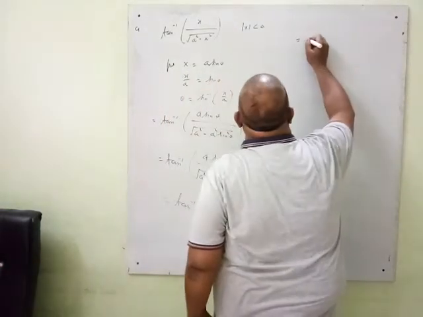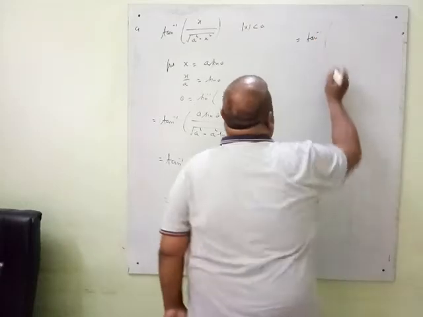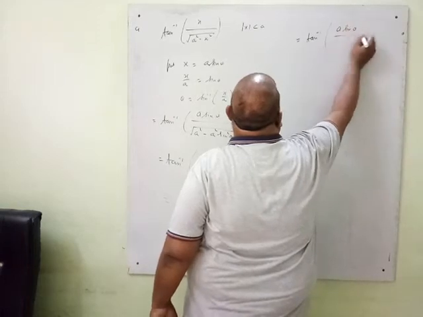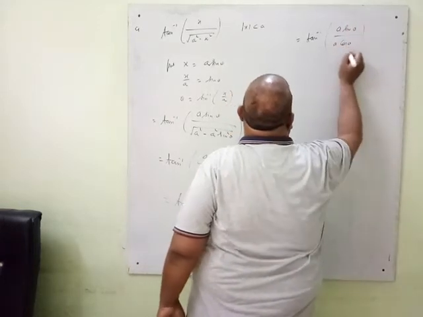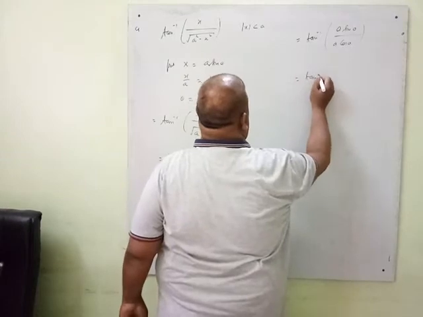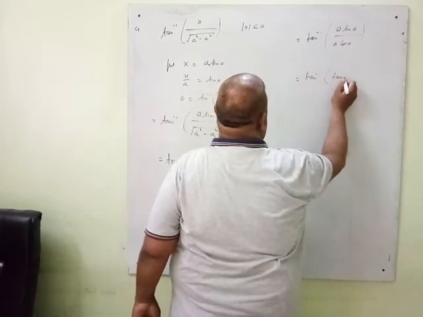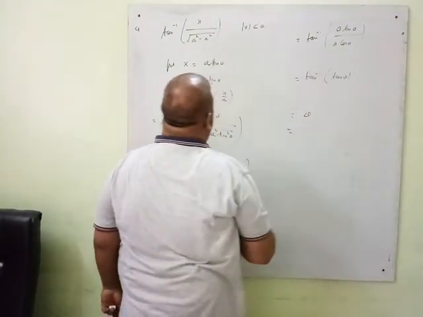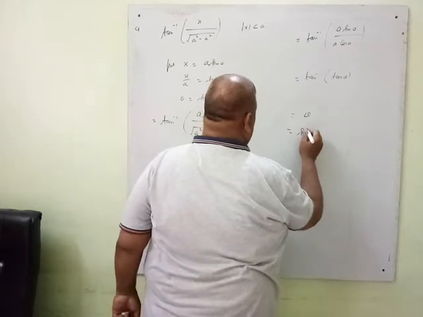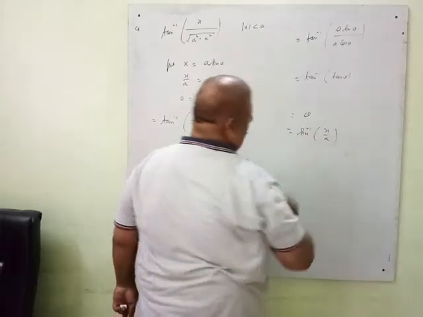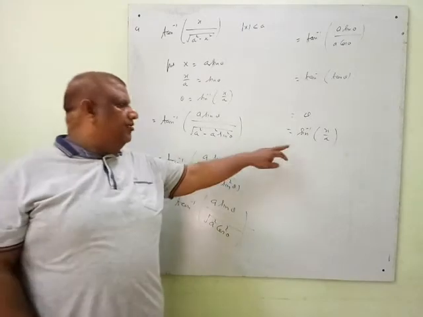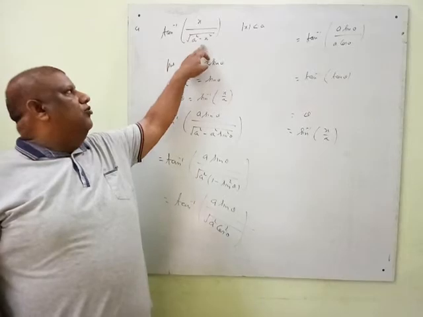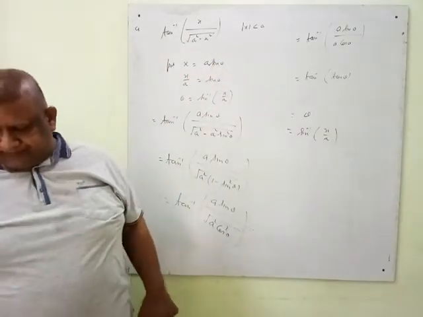This is tan inverse a sin theta upon a cos theta. A cancels, tan inverse tan theta, which is further theta, and the value of theta is sin inverse x upon a. So this is the simplified form of the given expression, tan inverse under root x upon under root of a square minus x square.